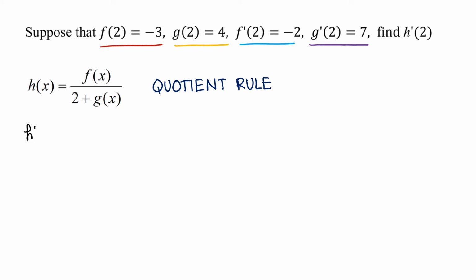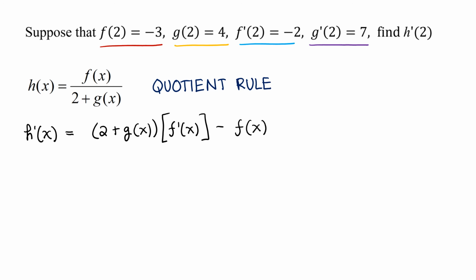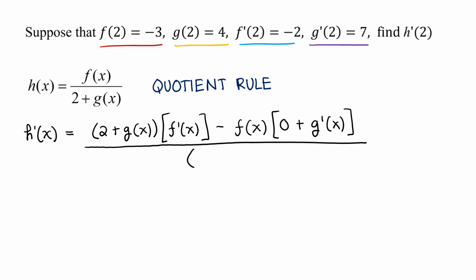So h prime of x will be equal to low, which is 2 plus g of x, d high, so the derivative of f of x, which is f prime of x, minus high, which is just our f of x, d low, so the derivative of 2 plus g of x, which is 0 plus g prime of x, all over low, so all over the quantity 2 plus g of x squared.